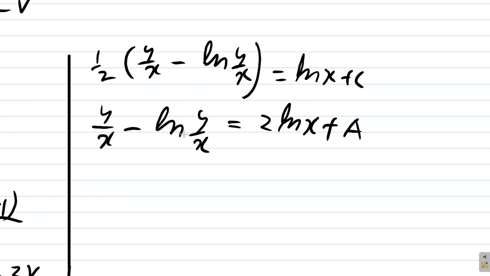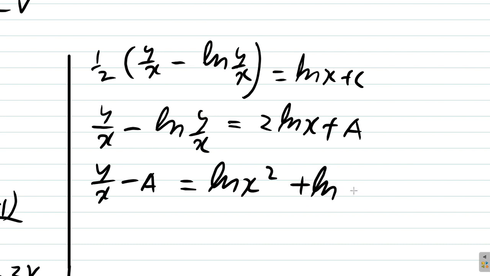We have ln y over x. Well, can we put the ln's together? Suppose you have y over x minus a, you subtract a from both sides, equal to 2 ln x, which is the same as ln x squared, plus ln y over x.